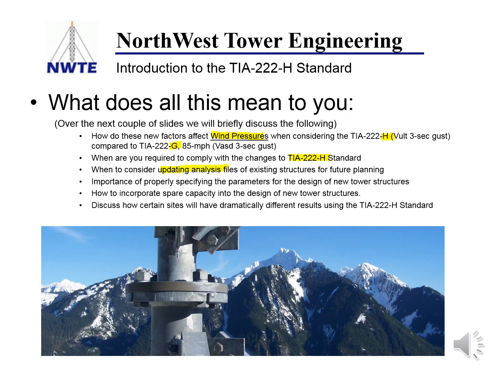Should you consider updating your files to the H standard? The importance of reviewing these parameters and how to incorporate spare capacity into your new tower designs. And also we'll discuss how we're getting dramatically different results under the H standard.